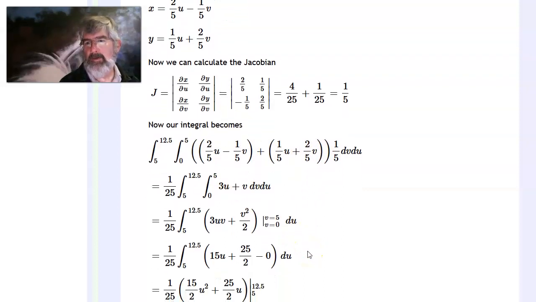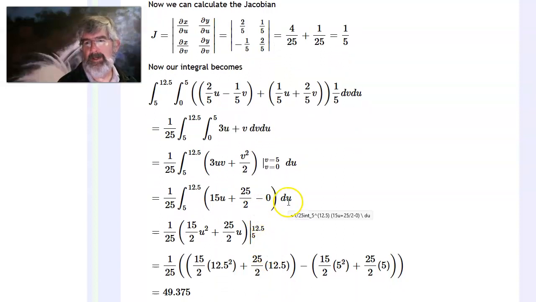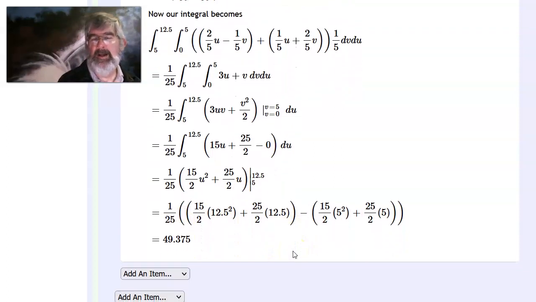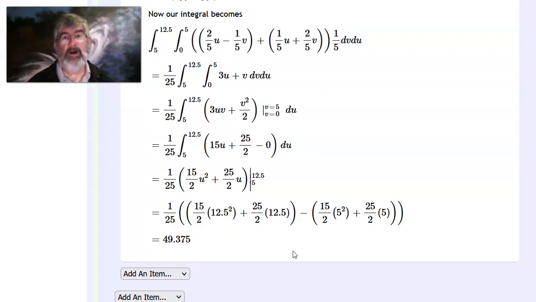And so then we integrate v's on the inside, integrate with respect to v there, plug the 5 in, plug the 0 in, then integrate with respect to u, plug the 12.5 in and the 5 in and subtract, then multiply by 1 over 25. The value of that integral, which is essentially the volume underneath the surface over that region, is 49 and 3/8, 49.375.